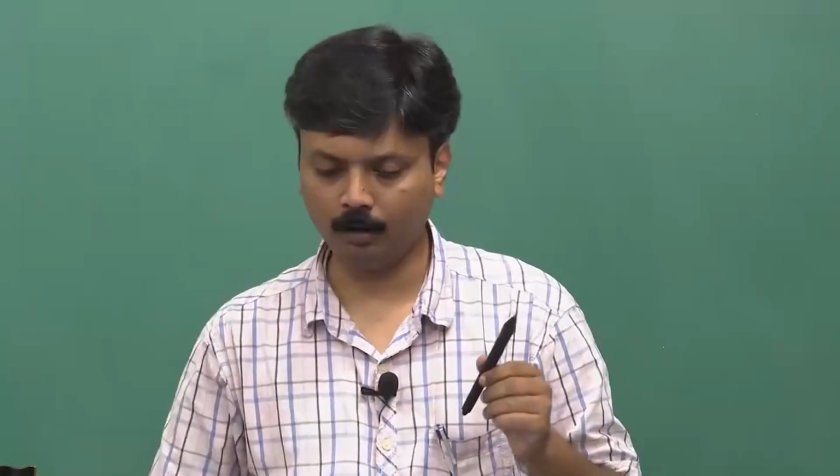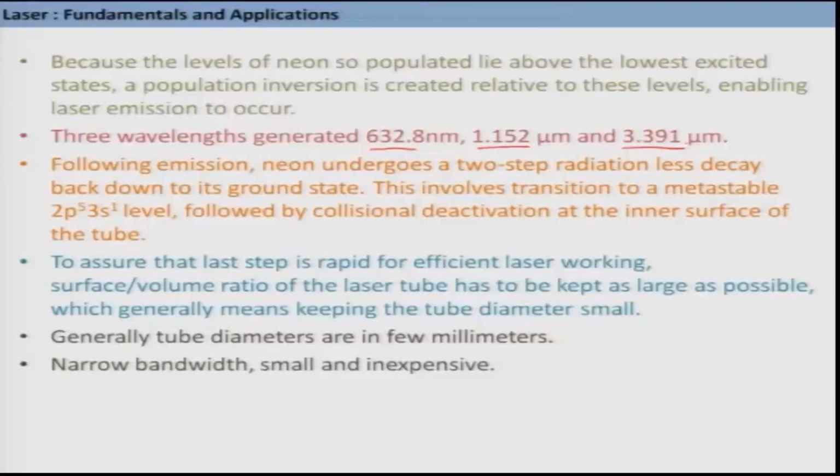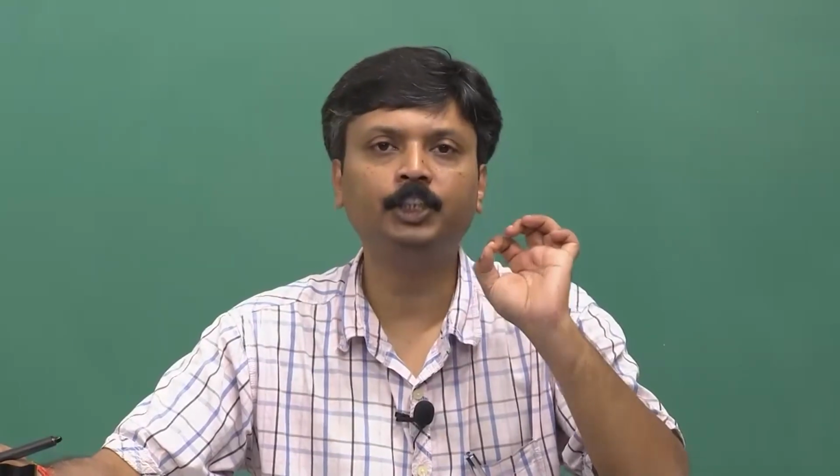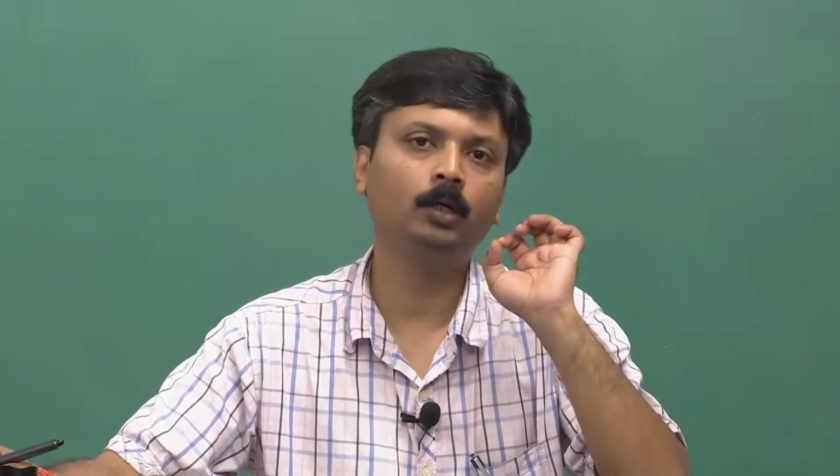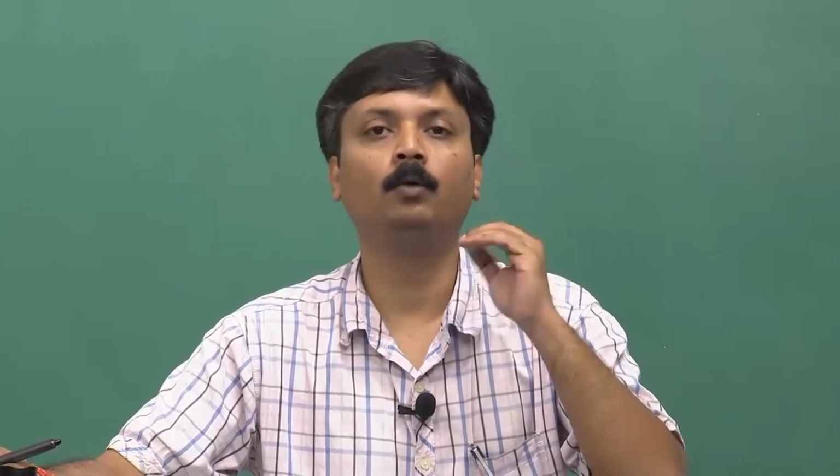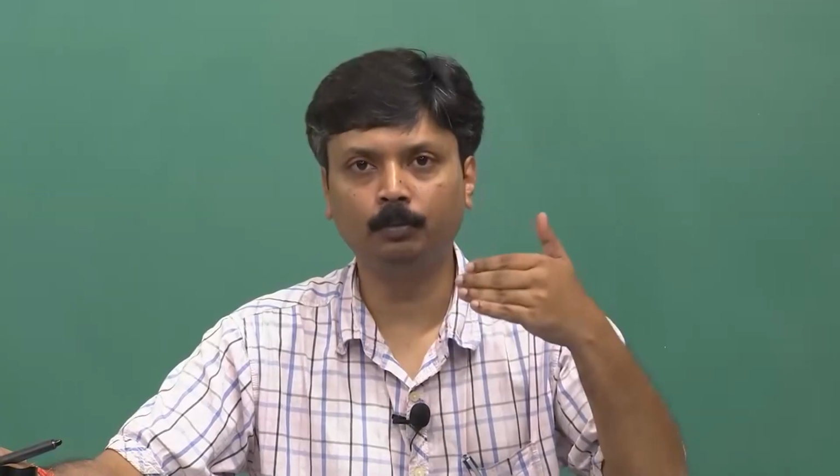This rapid decay from the lowest excited state is achieved through collisional deactivation of these excited neon atoms, and the collision that I am talking about is the collision between the excited gas molecules and the inner surface of the tube.